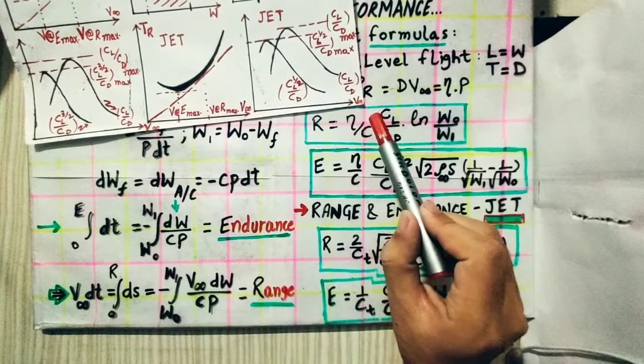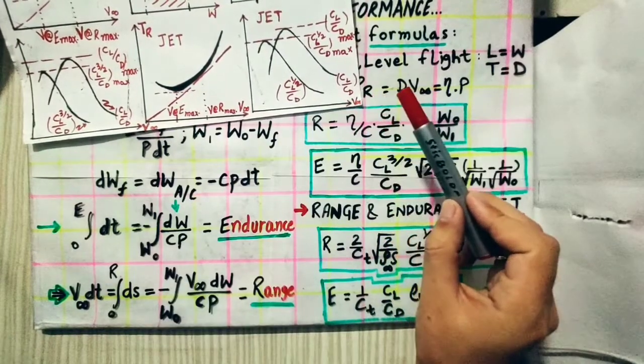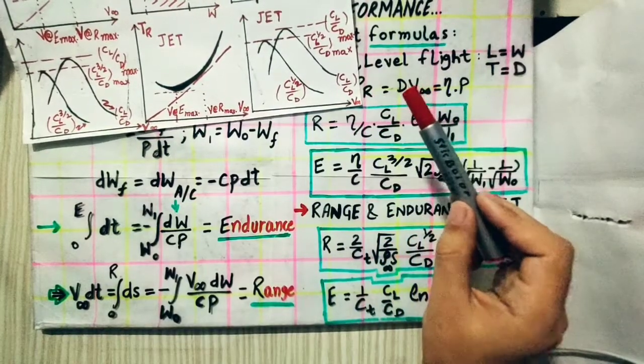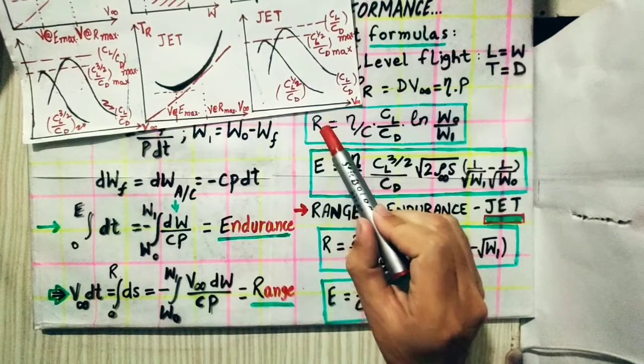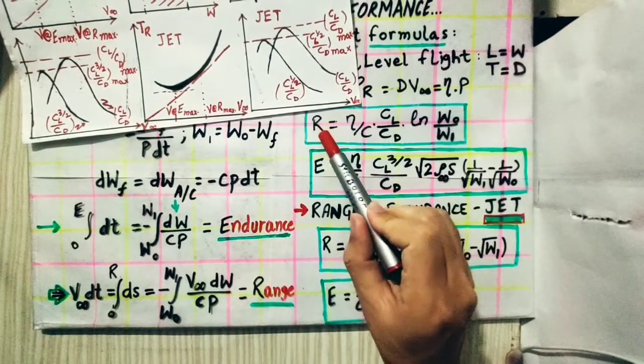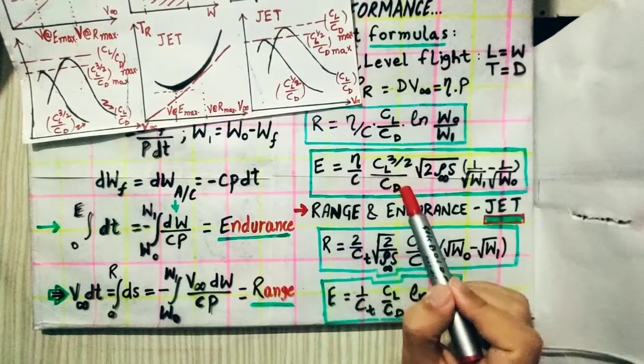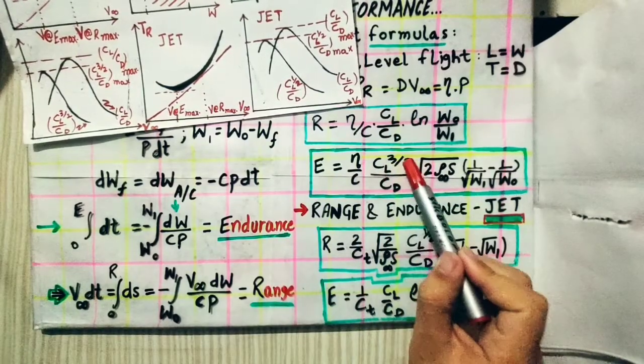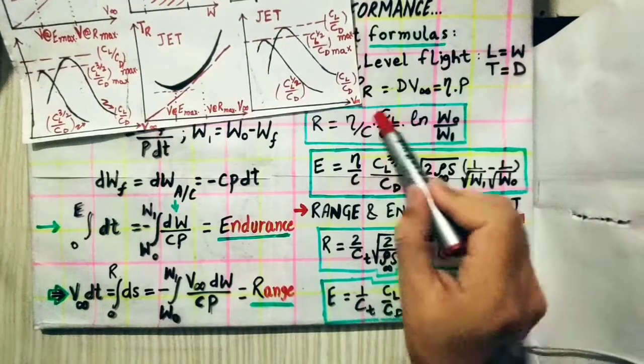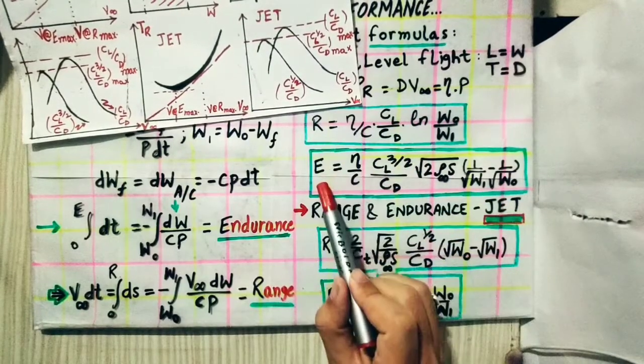Now the aircraft has to fly at a certain velocity so that it covers the maximum range and maximum endurance. When the range is maximum, CL by CD should be maximum, and for endurance to be maximum, CL to the power 3 by 2 divided by CD should be maximum. These aerodynamic ratios should be maximum for range and endurance to be maximum respectively.